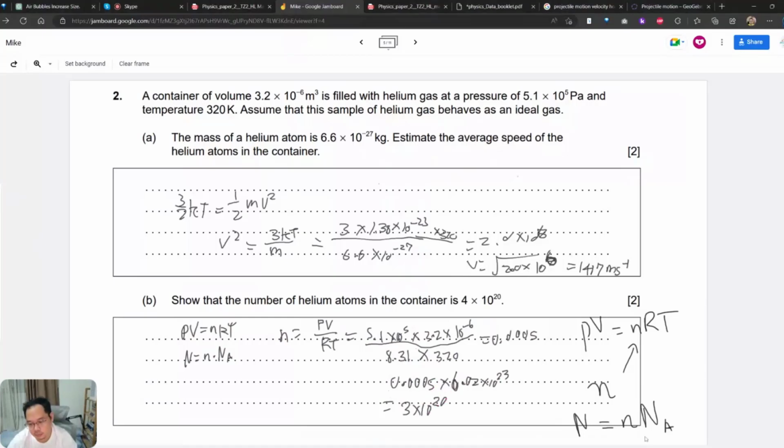Three times 10 to the 20. Oh, wait. The value in the problem is 4.